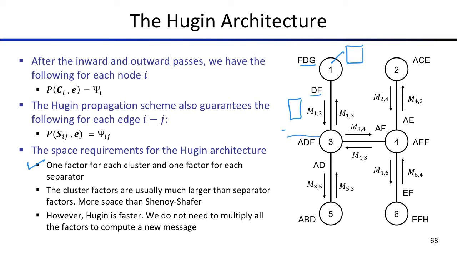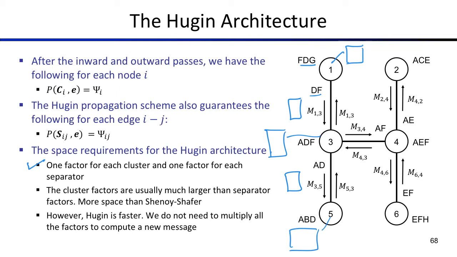There will be a larger one here for a, d, f. There will be a smaller one here for the separator AD, a little larger one here for ABC, and so on.